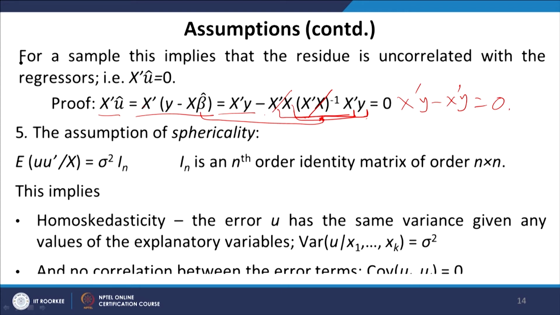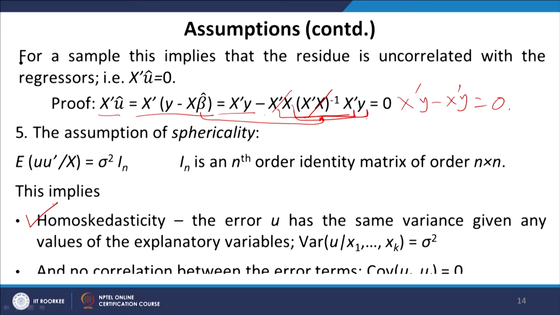This also implies that the independent variables are exogenous, that is, they are not correlated with the error term. Now, talking about the last assumption of sphericality, this actually houses two assumptions. The first assumption is of homoscedasticity, that is, the error u has the same variance given any values of the explanatory variables.